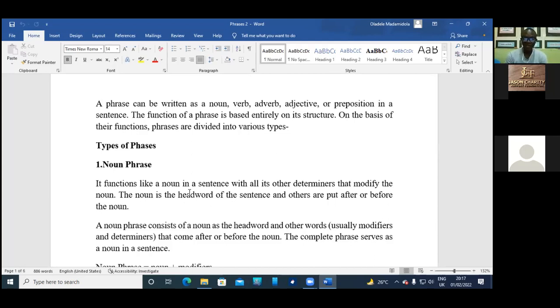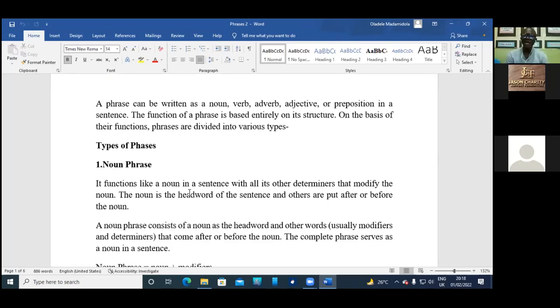And the same thing, if you have the phrase in the position of an adjective, especially in the complement position after the verb, when you have subject, verb, complement, the C, you can have an adjectival phrase. And any phrase that begins with a preposition is a prepositional phrase.